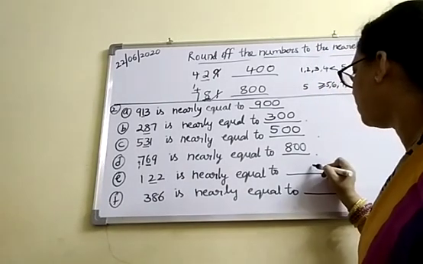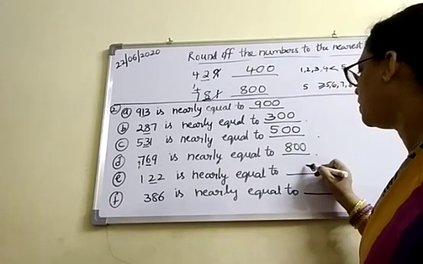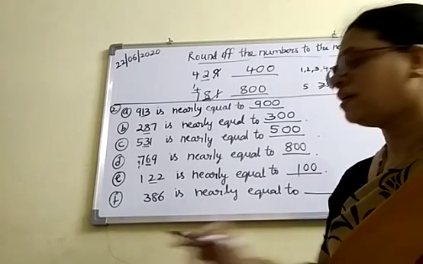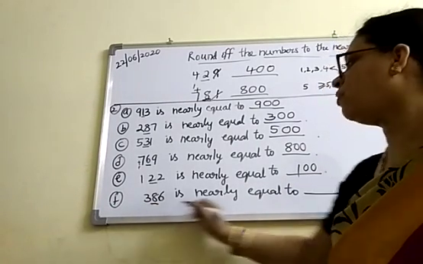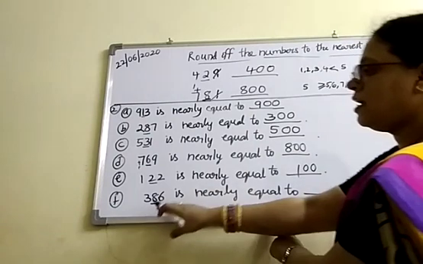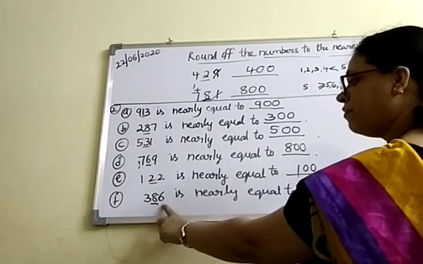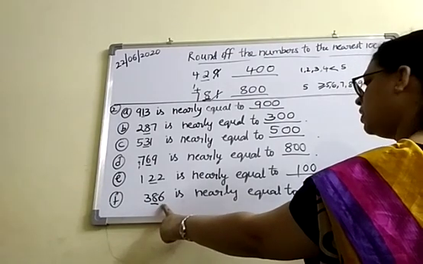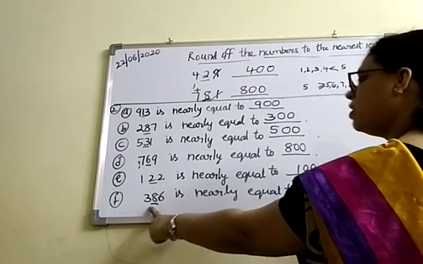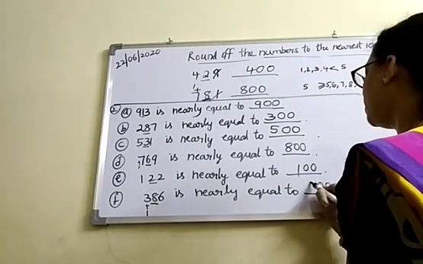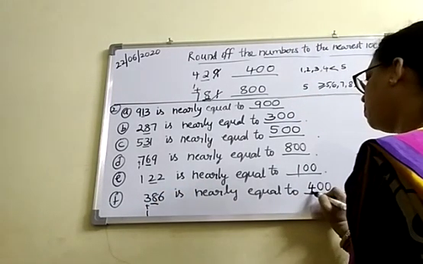So we will replace the ones digit by 0, the tens by 0, and we will write 1 as it is. Now 386. 8 is greater than 5. So replace the ones place by 0, the tens place by 0, and we will add 1 to the hundreds place.